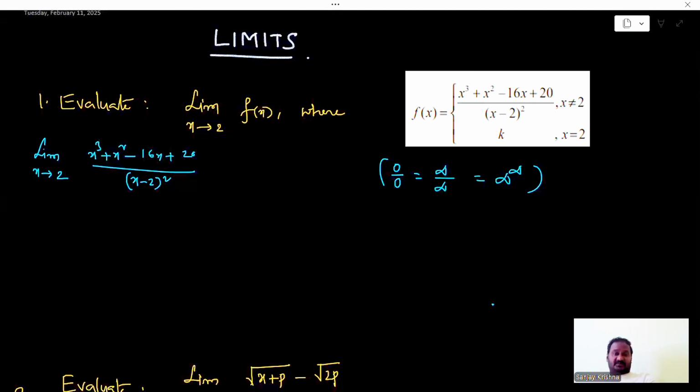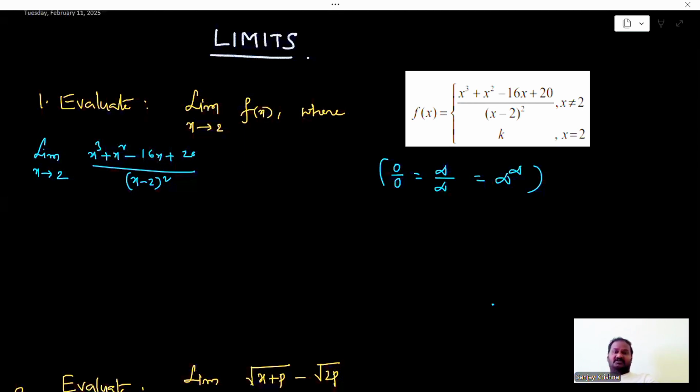The numerator is a polynomial function, and of course the denominator also, but you have to understand one thing. When you substitute x is equal to 2 in the numerator, you get 0. So what does that mean? x is equal to 2 is a root of this cubic equation, or x is equal to 2 is a zero of this cubic polynomial.